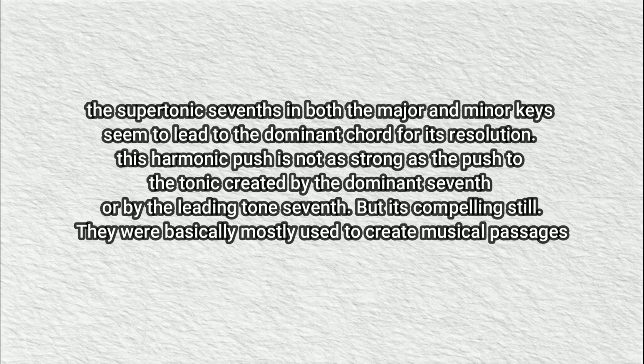The supertonic 7th in both the major and minor keys seem to lead to the dominant chord for its resolution. This harmonic push is not as strong as the push to the tonic created by the dominant 7th or by the leading tone 7th, but it's compelling nonetheless. They were basically mostly used to create musical passages.